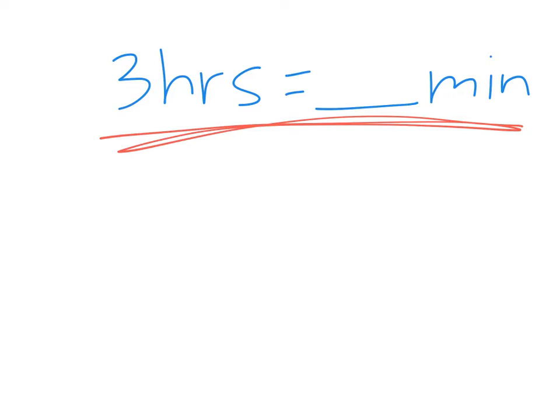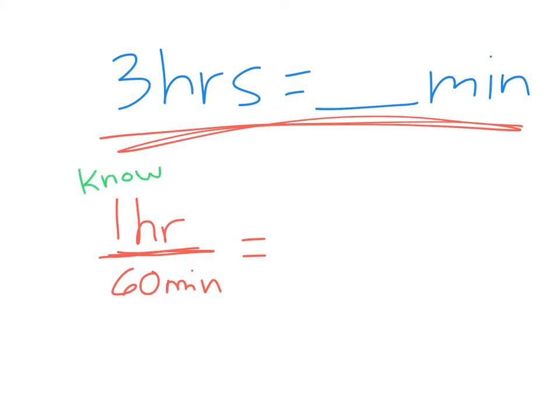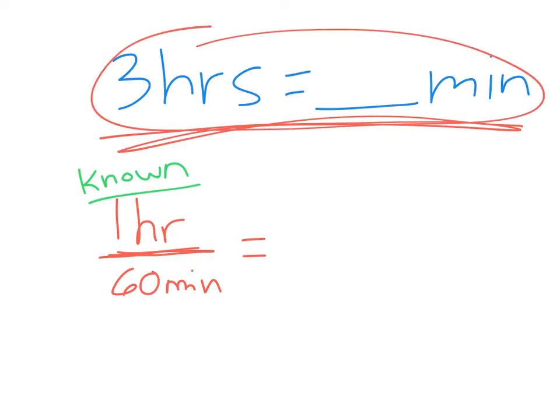What I could say is, well, 1 hour is 60 minutes, right? That's what we know about hours and minutes. Notice I put that on one side of the proportion because this is what's called our known. What I don't know is the question being asked, which says 3 hours is how many minutes, or x amount of minutes.